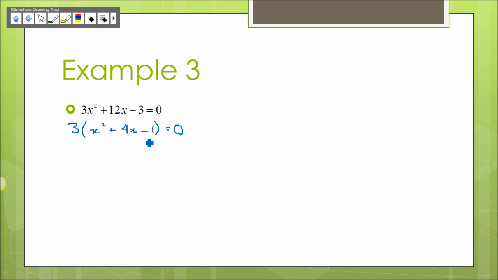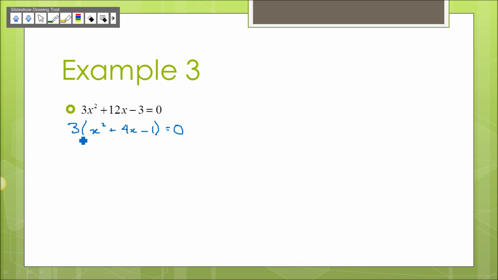Now, what we can do is we are going to take the 3 away from this side now so that we can focus on the quadratic that's inside the brackets. So I'm going to move it from the left-hand side to the right-hand side.